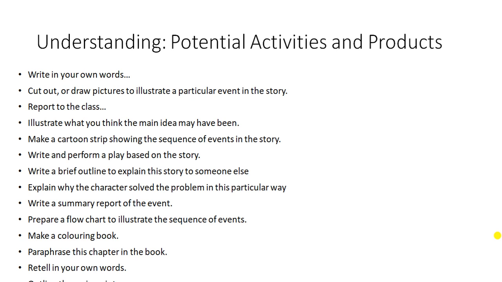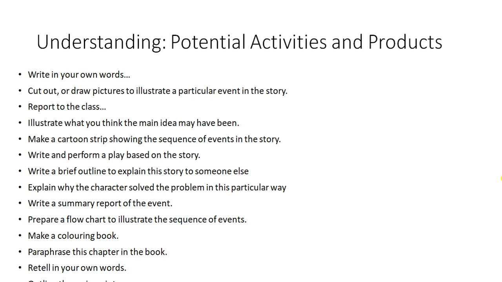Now we will see the potential activities and products, as we discussed some of the points on the previous page as well. Like write in your own words, cut out or draw pictures to illustrate a particular event in the story. Report to the class.